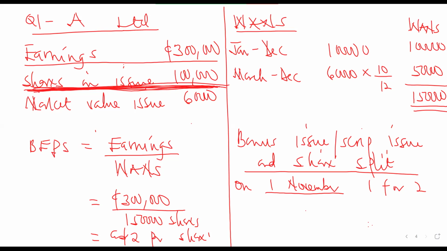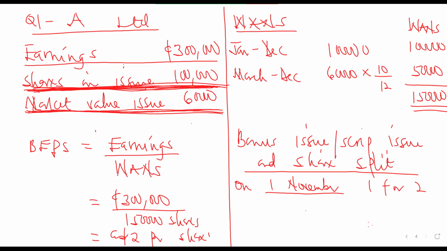But the question is, if the bonus issue is on the new shares, these shares were issued from when? The one that we have done is 1st March, isn't it? Okay, March. So the bonus issue for them will also start from March.